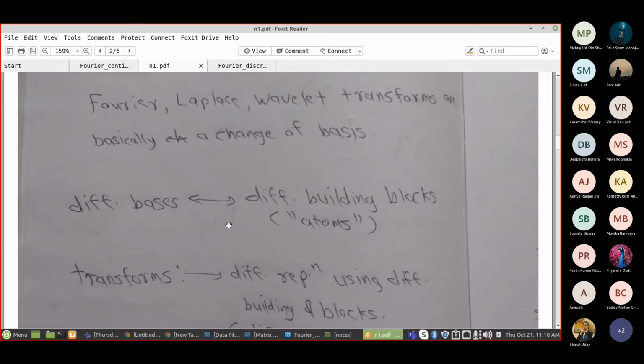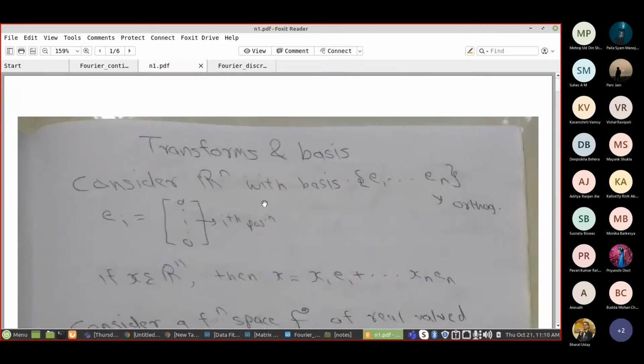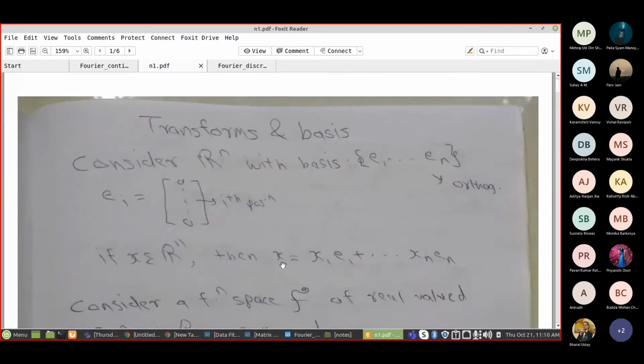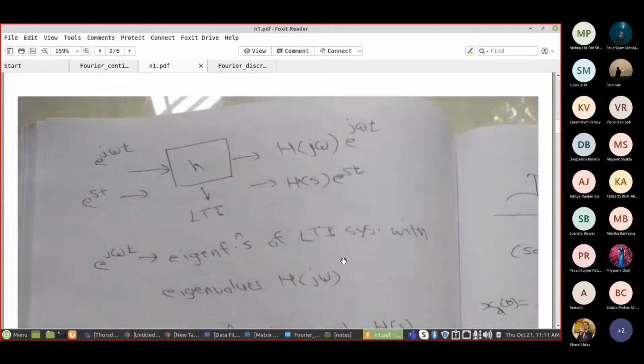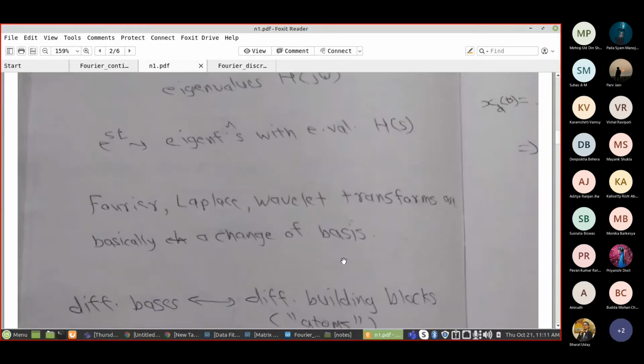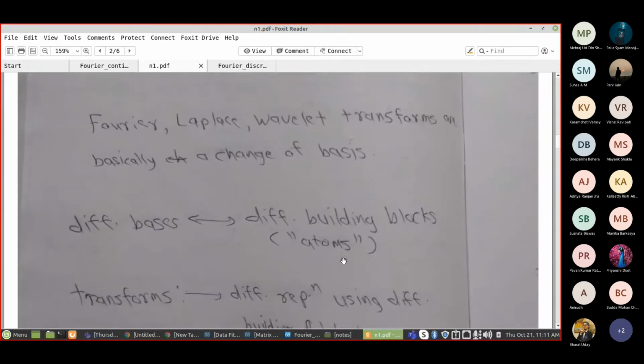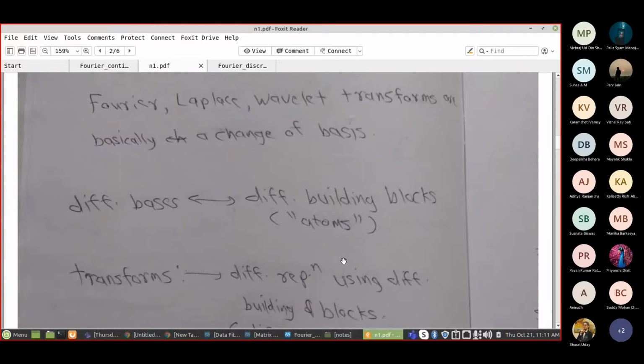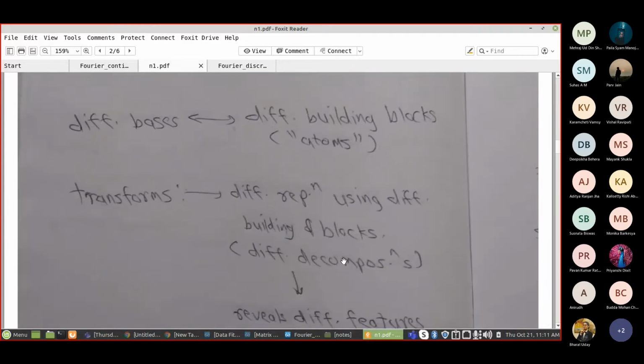This is just a philosophical statement I'm making: basis vectors are basically building blocks. Every vector, like we saw here, can be represented uniquely in terms of the basis vectors. In that sense they are, quote unquote, building blocks, and different sets of bases can bring out different features in your signal or whatever data you are analyzing.